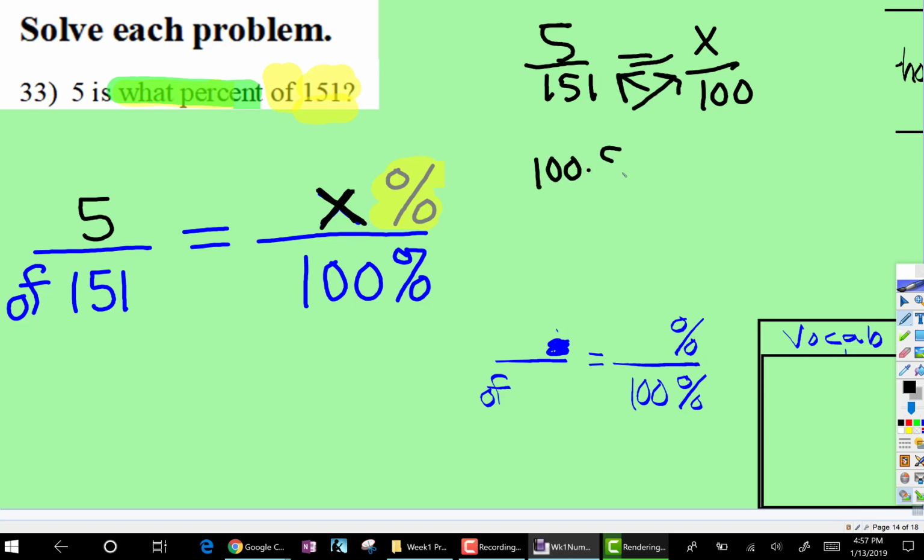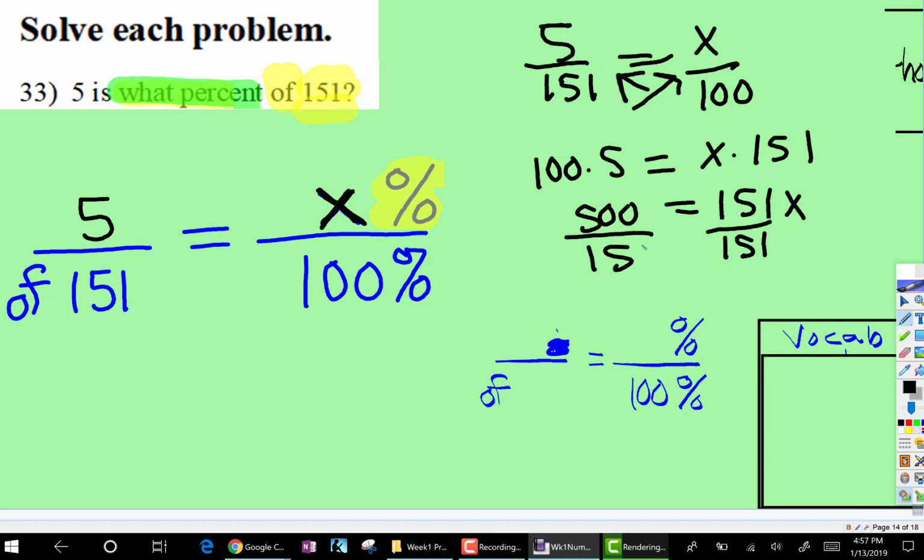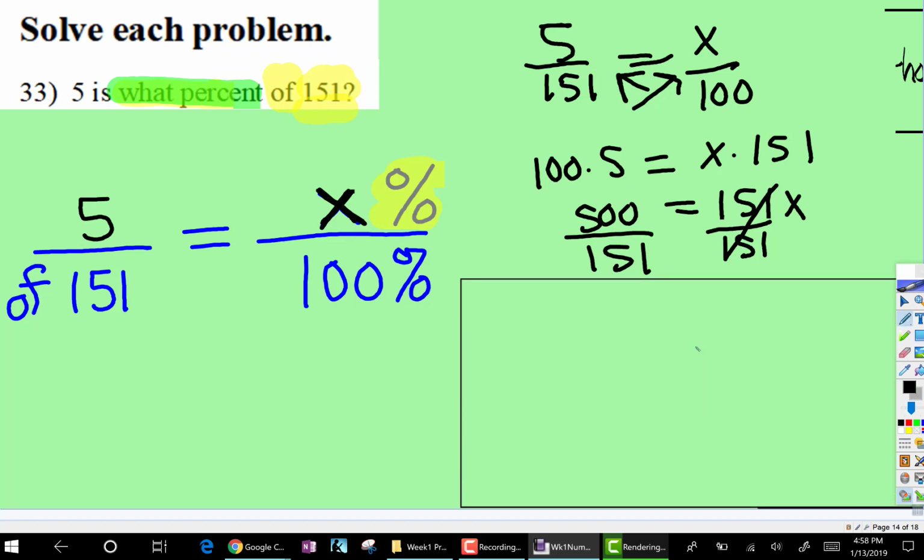So 100 times 5 is equal to x times 151. So we have 500 is equal to 151x, but we want to get the x alone, so we're going to divide both sides. And then when you take your calculator, or if you want to do long division, that's fine. 500 divided by 151, and you're going to get about, remember, if you're going to round, you're going to put a crooked equal sign.